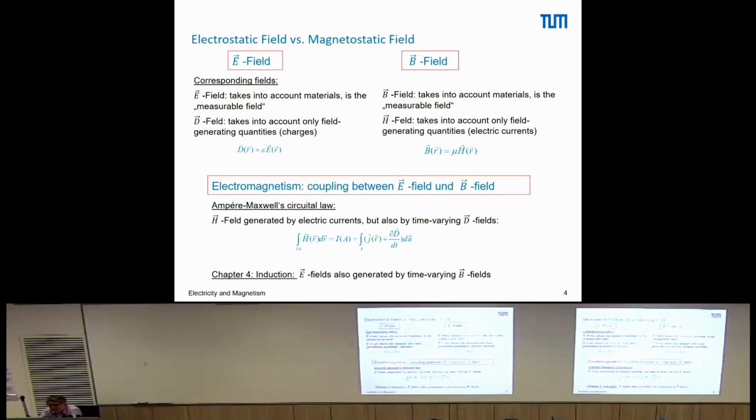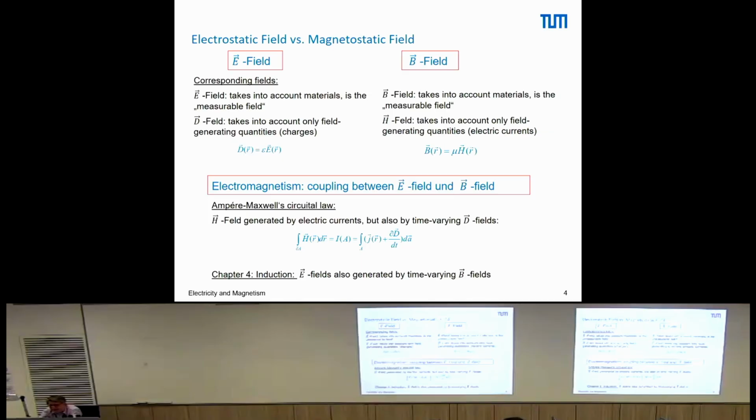And so it is for the magnetostatic case. The magnetic field strength takes into account only the field generating quantities, so those are the electric currents, and it does away with the material properties.